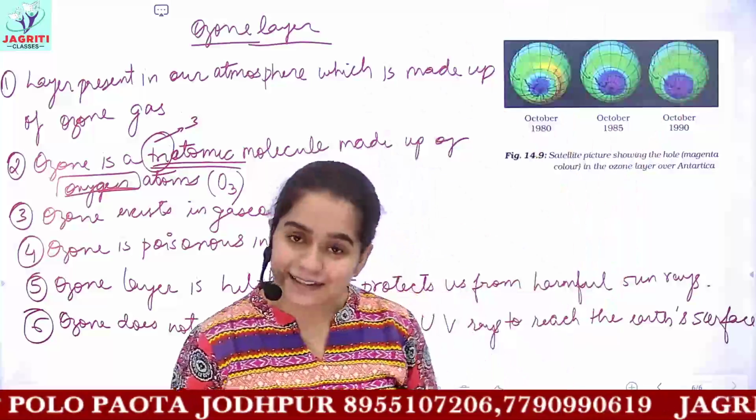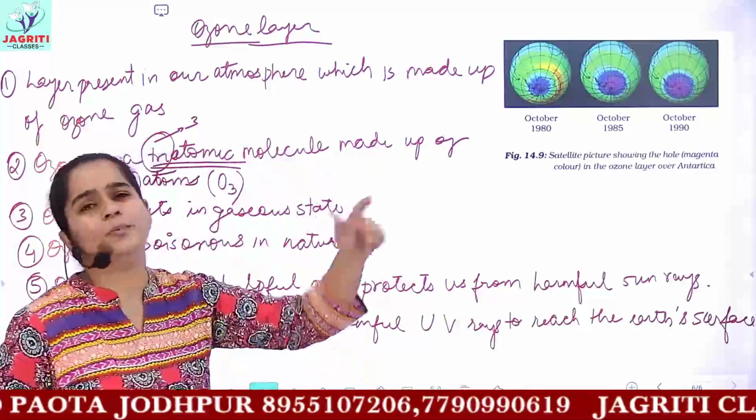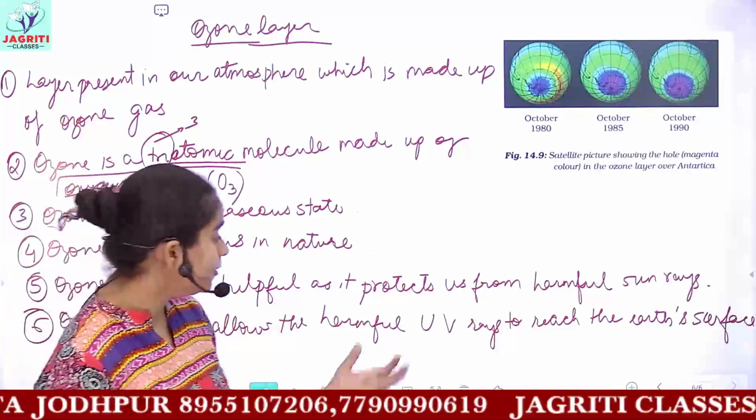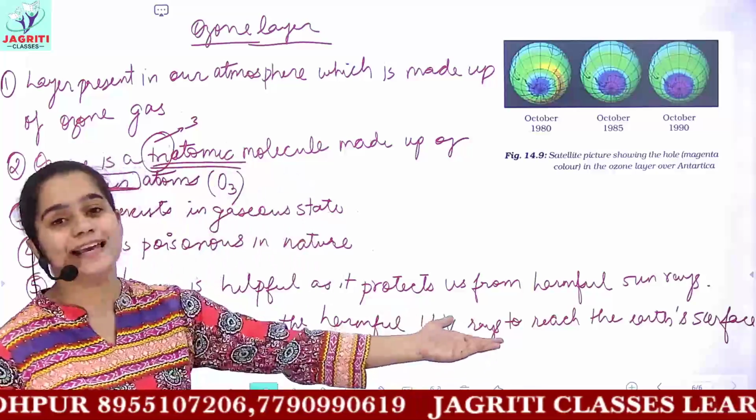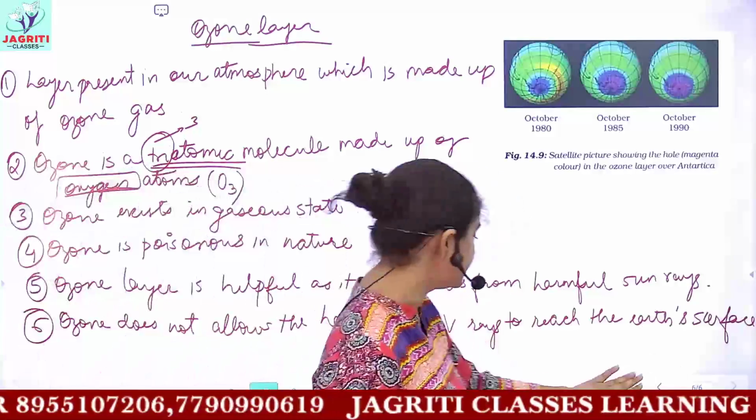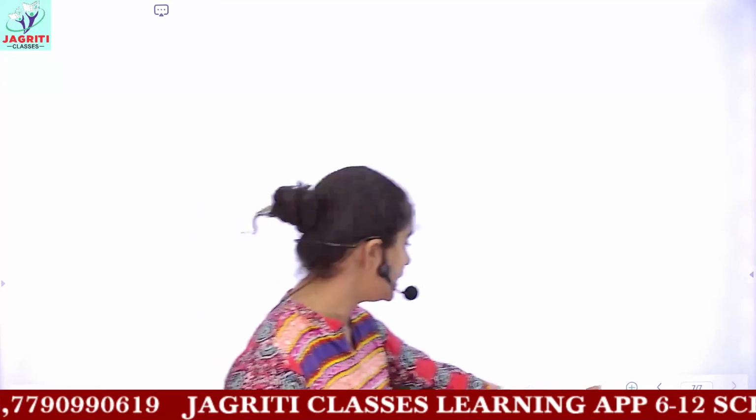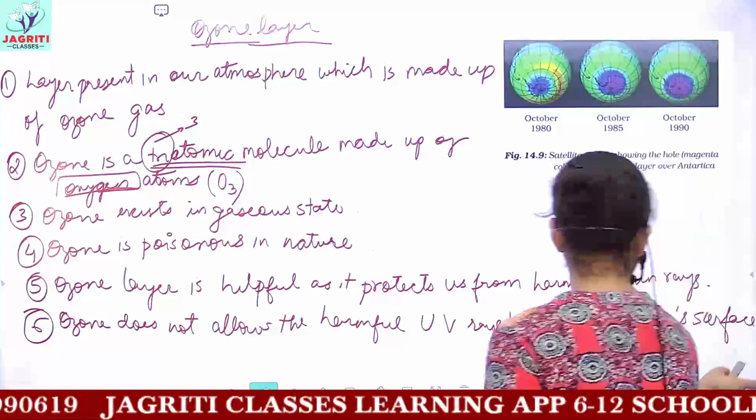reach our planet Earth. And if ozone would be absent, then what would happen? If ozone were absent, then these UV rays would reach our Earth's surface, and this would be, I guess, the seventh point.